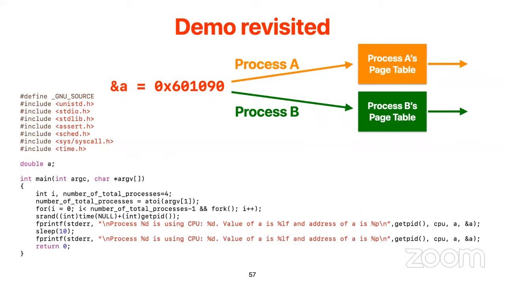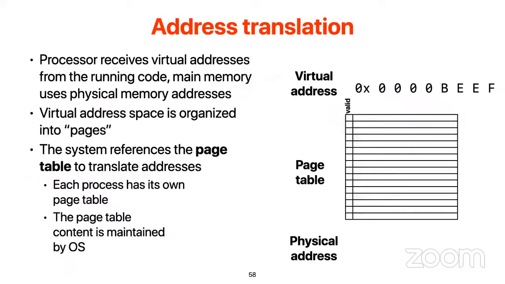Because of that, even though two programs have the same virtual address, their translations are done by different page tables, so they can point to different addresses. The basic idea of translation, as I mentioned, is that the page is like a block in your cache. Depending on how big your page is, there will be a corresponding number of bits for your page offset, and because it's just an offset, it doesn't change before and after translation.